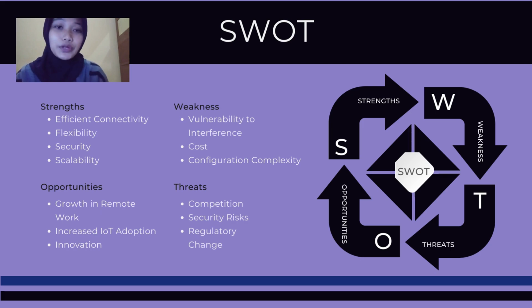The opportunities from access point are, first, growth in remote work, second, increased Internet of Things adoption, and then innovation. But not only that, there are more opportunities that we will find by using access point. And the last is threats. The first threat is competition, the second is security risks, and the last is regulatory change.